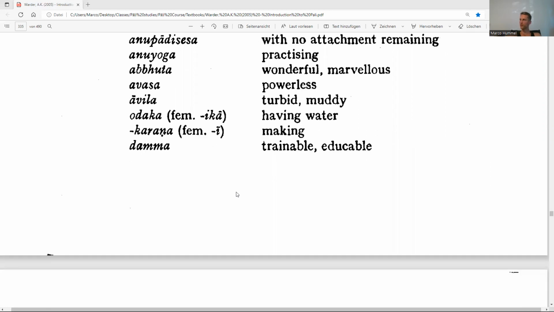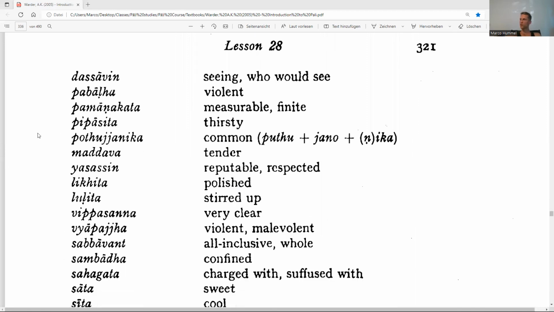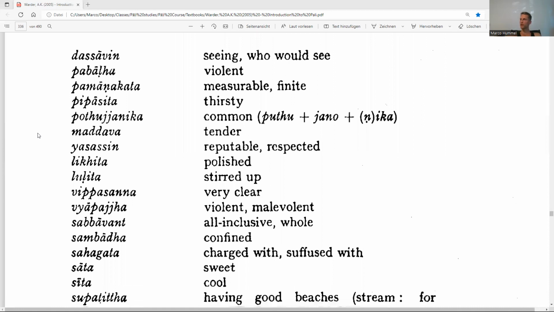Dammā, trainable, educable. Dassavin, seeing, who would see. Pabalha, violent. Pamanakata, measurable, finite. Vipasita, thirsty, itself being a PPP of a desiderative verb, which we will learn about in lesson 30.